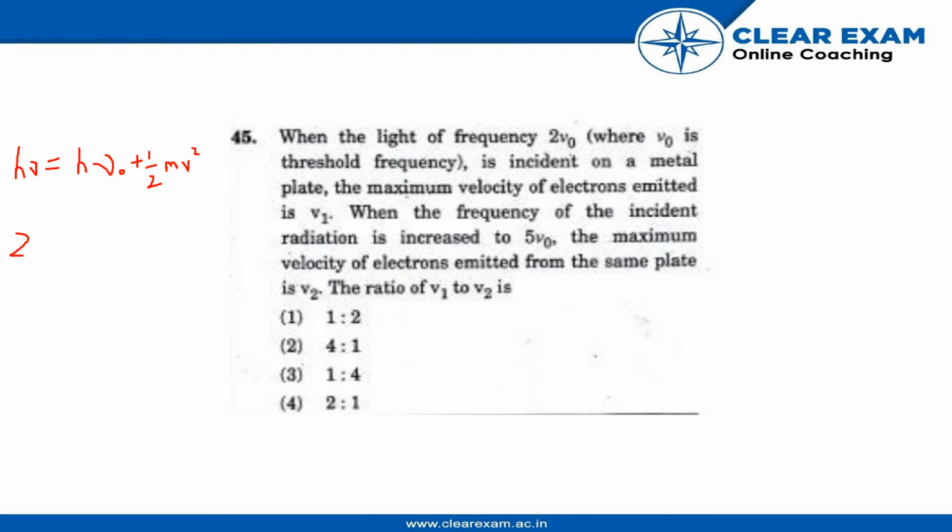Two hν0 is equal to hν0 plus half m v1 square.